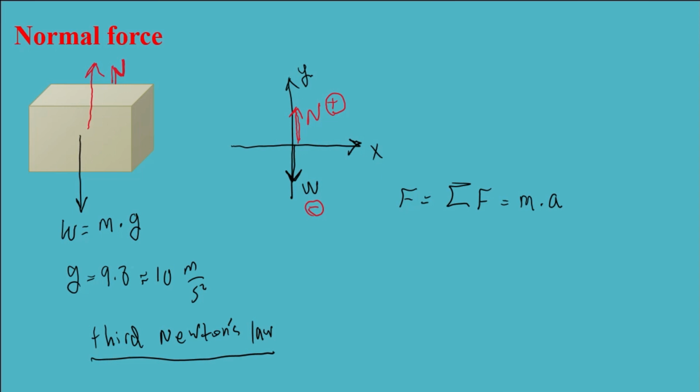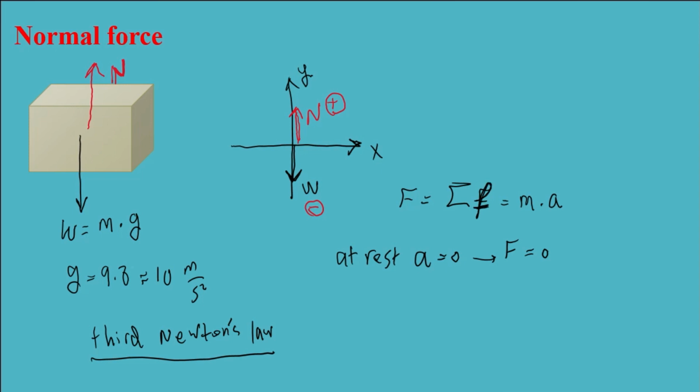Now, if my object is at rest, then my acceleration is equal to 0, because if it's not moving, then the velocity is 0, so the acceleration is 0. So my net force F is 0 here. Let me show this as little f, to not confuse you.